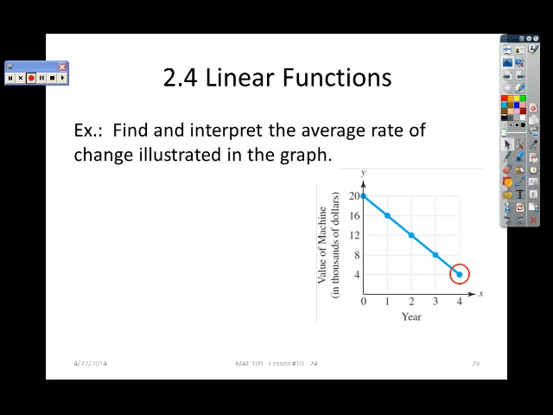But yeah, I picked that point and that point, 20 and 4, and so this is 0 and 4, so it's minus 4. But minus 4 what? That is the slope of the line numerically, but what does that minus 4 mean?